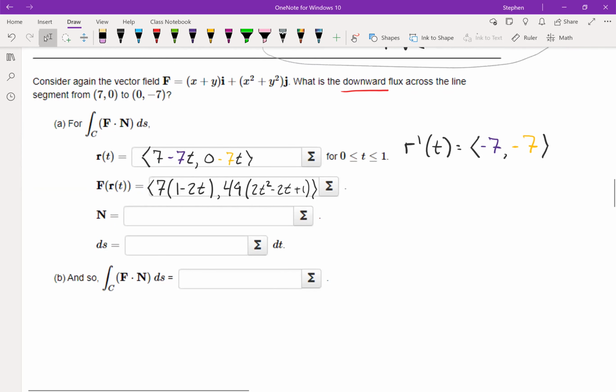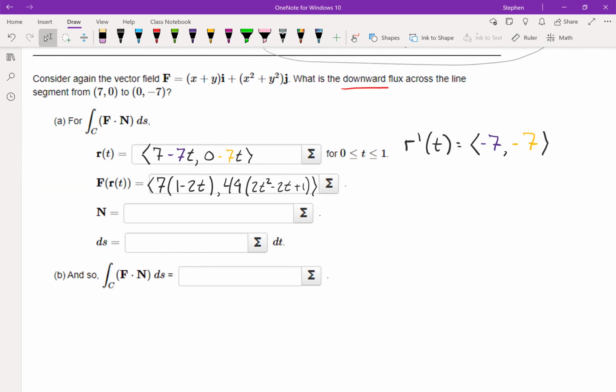All right, let's try that same problem again. But this time we're going to have a different line segment. This time we're going to go from 7, 0 out to 0, -7. So we're going to start at a point on the positive x-axis and move down left to a point on the negative y-axis.